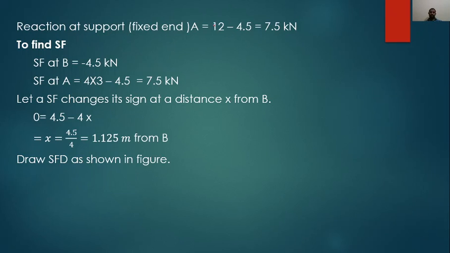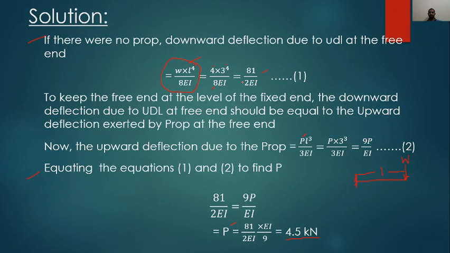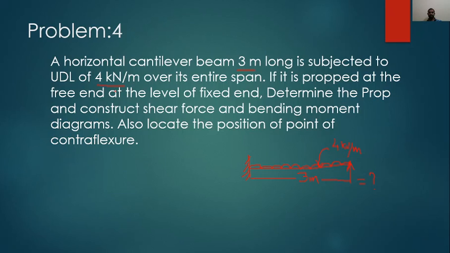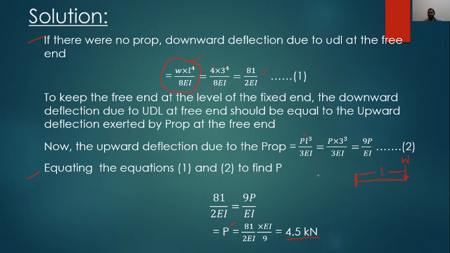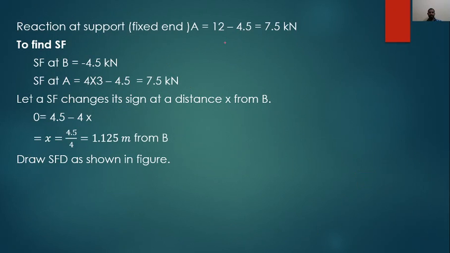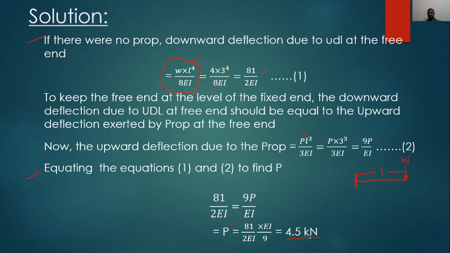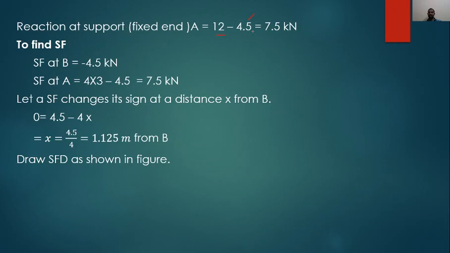Now having calculated the prop reaction, let us calculate the vertical reaction at fixed support A. We know the total load is 4 kilonewton per meter over 3, that means 4 multiplied by 3, which is 12. 12 minus the prop reaction 4.5 will give you 7.5 kilonewton.